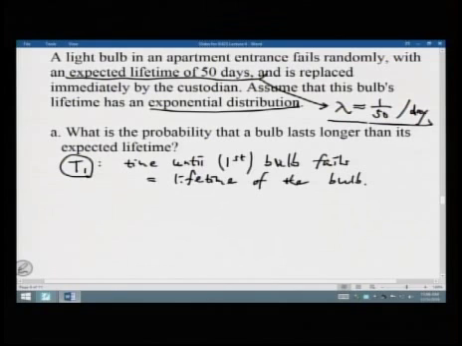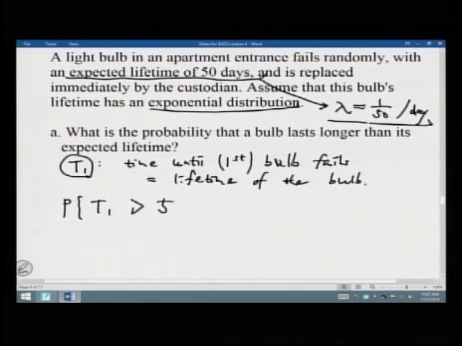Then how do you get the desired probability? We want to know the probability that the bulb lasts longer than its expected lifetime. So T sub 1 is longer than its lifetime. What is the lifetime? 50 days.